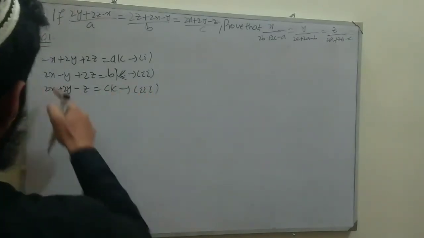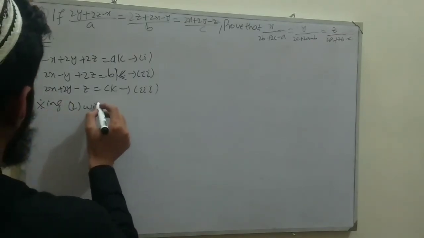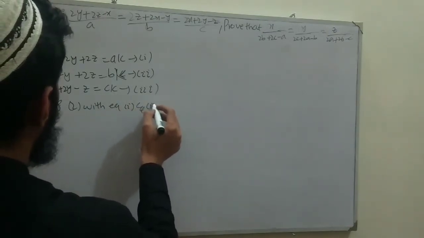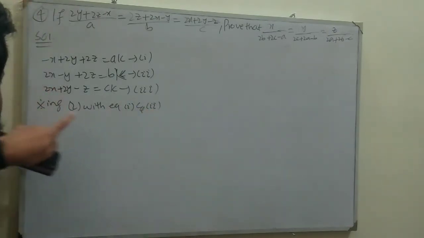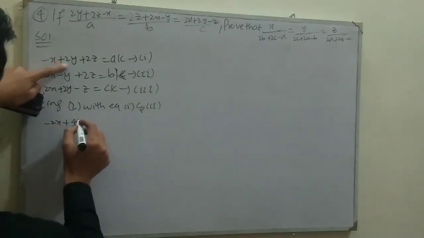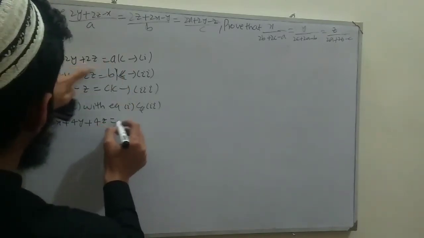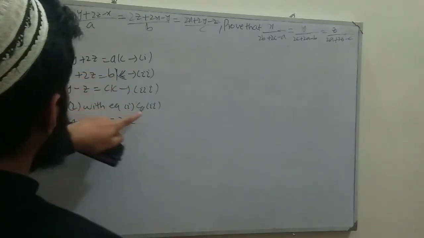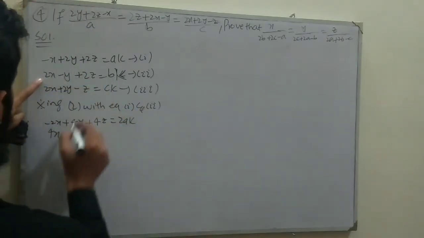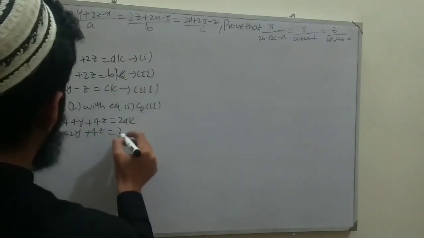Multiplying 2 with equation 1 and 2. By multiplying 2 with equation 1, it becomes minus 2x plus 4y plus 4z is equal to 2ak. And multiplying 2 with equation number 2, so 4x minus 2y plus 4z is equal to 2bk.